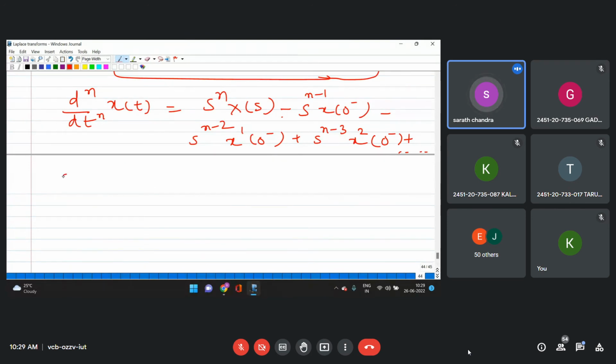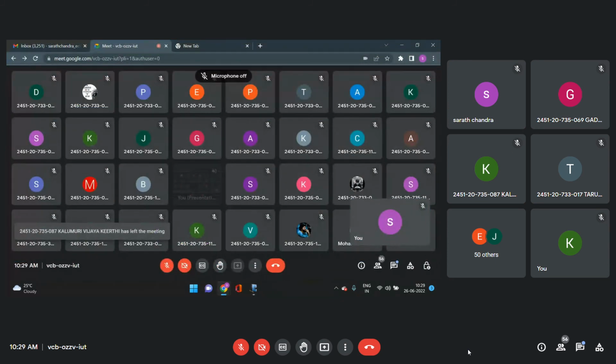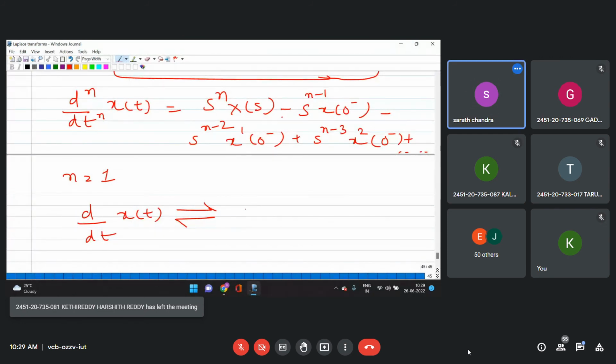Now if I substitute n equals 1, a single differential, then d by dt of x of t has the Laplace transform equal to, now understand this point, s into X of s.